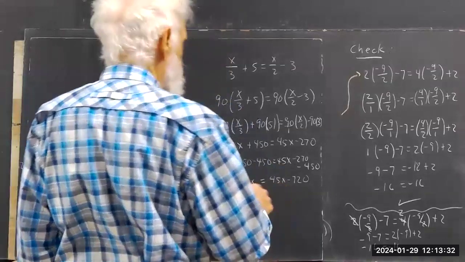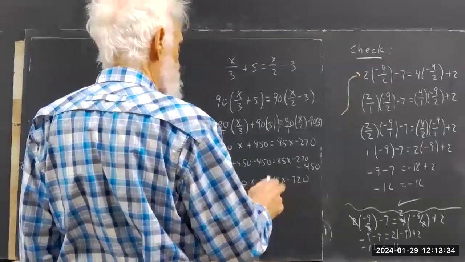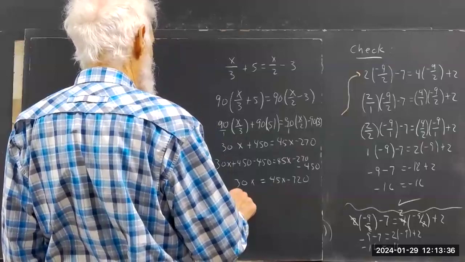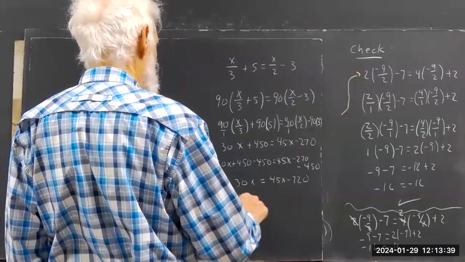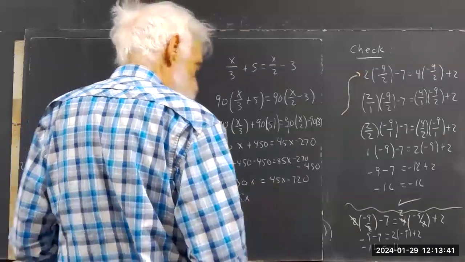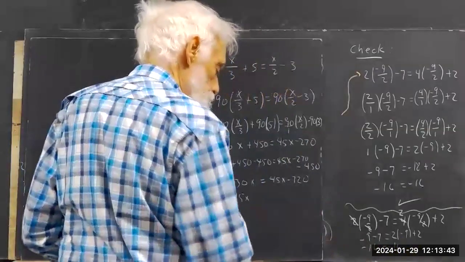And then I want to get my x's on the same side, and then subtract 45x. Let me write that out a little more clearly.